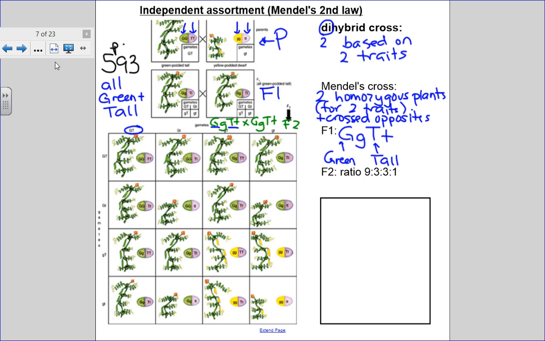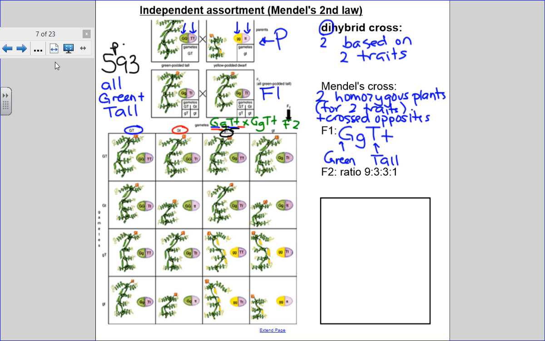But it could have also made a gamete that had the dominant gene for green paired with the recessive gene for height. We could have also had a gamete that came from the recessive gene, so the yellow-colored one, but the dominant gene for height.